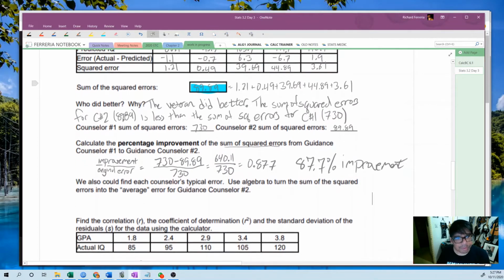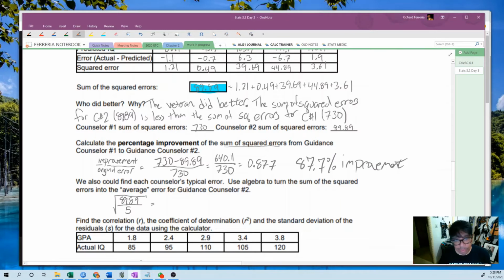We could also find each counselor's typical error. So we're going to use algebra to turn the sum of squared error into an average error. And that's kind of cryptic, but the idea here is, like the square root, we're going to take that, 89.89, and we're going to divide it by 5, and then we're going to square root that.